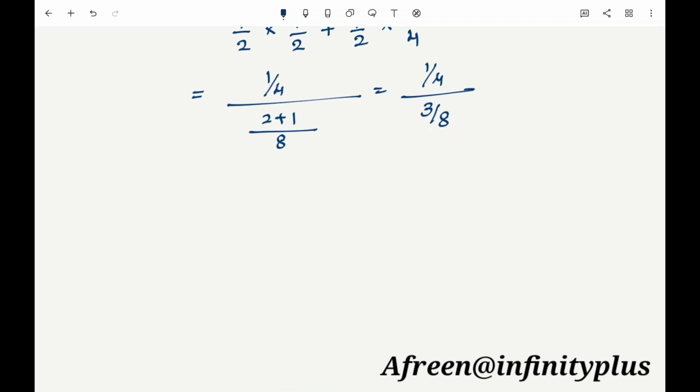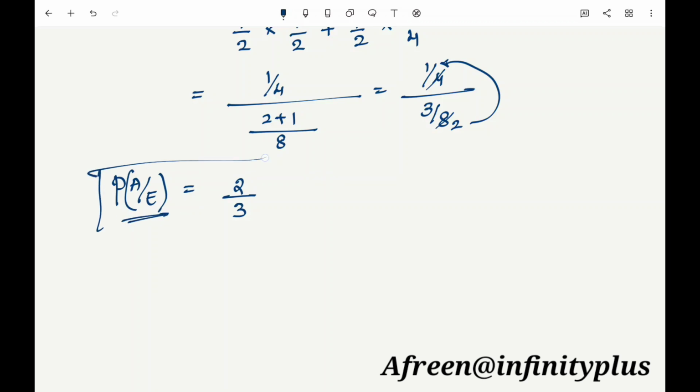Now this 2 will get multiplied with the numerator. So 2 into 1 will be 2, whole divided by 3. So the probability of drawing the red ball from bag A is 2 by 3.